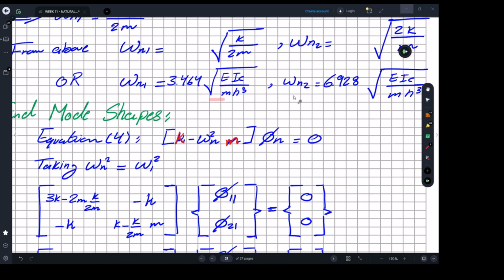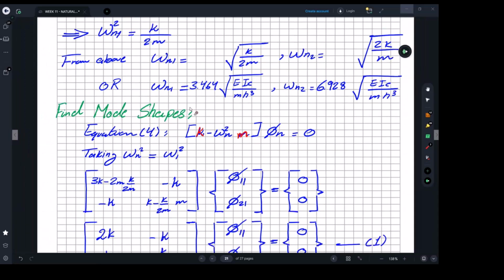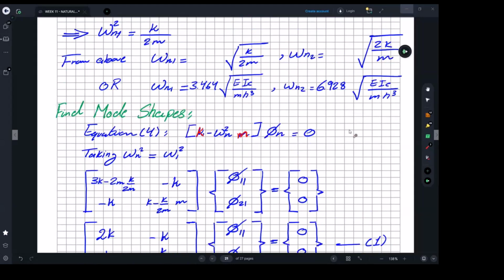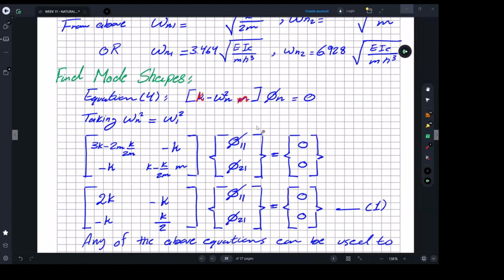So frequency 1 is less than frequency 2, the frequency for the second mode shape, which means that if you reverse those values, it gives you a higher time period for the first mode shape. So far we have estimated the frequencies or the time periods, whichever we needed.